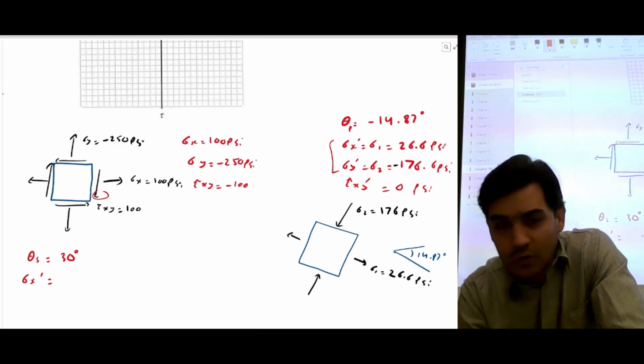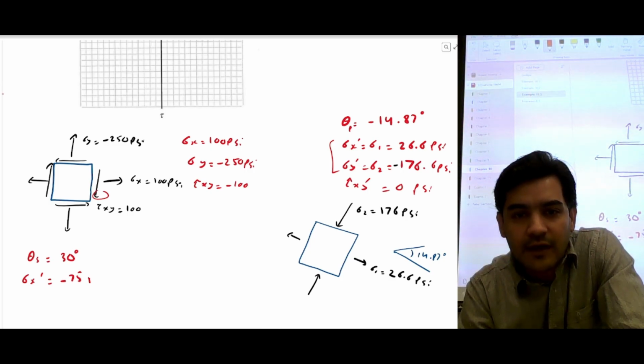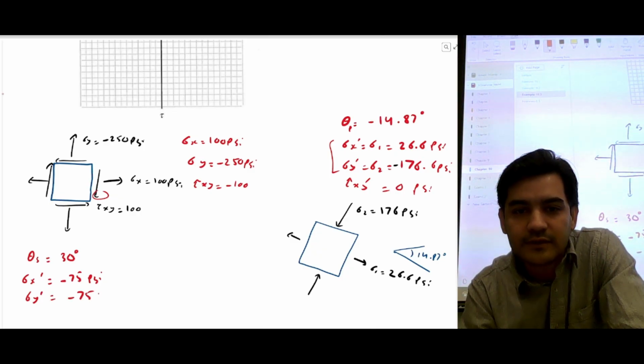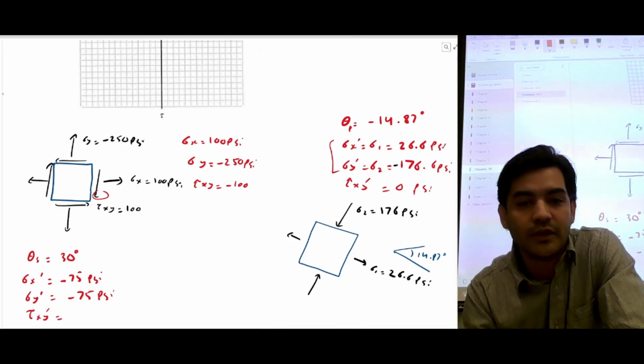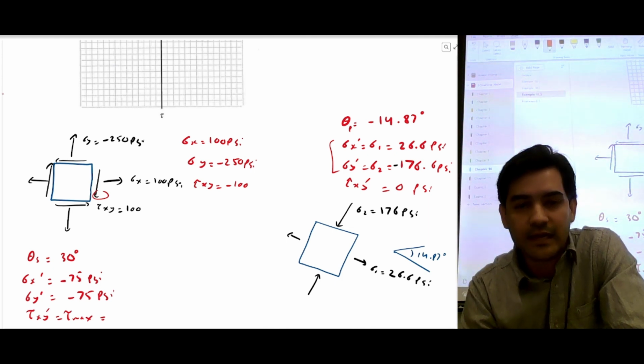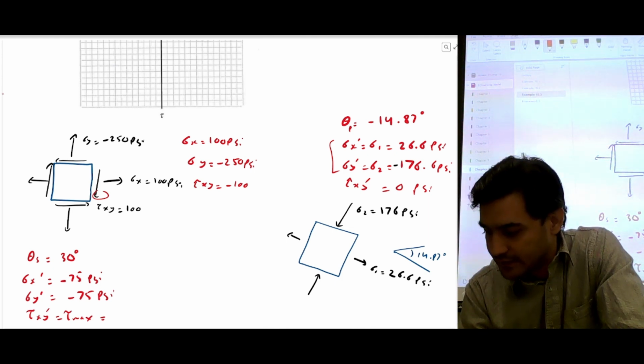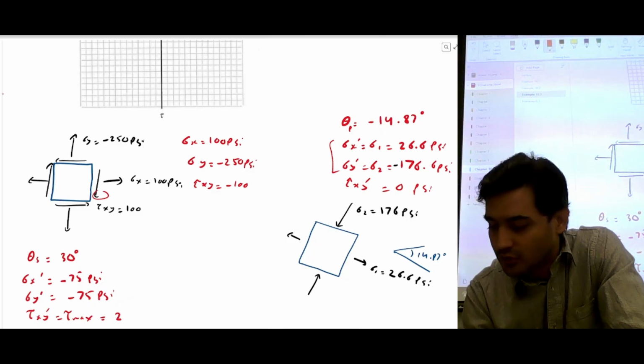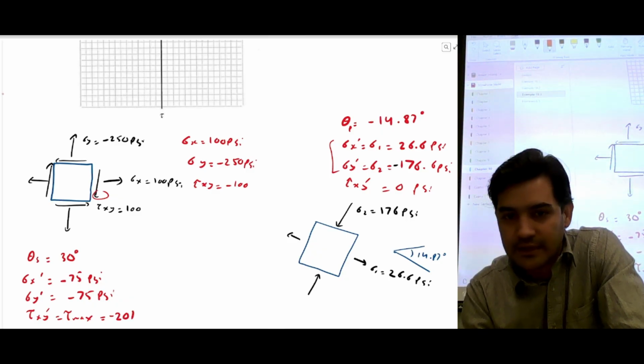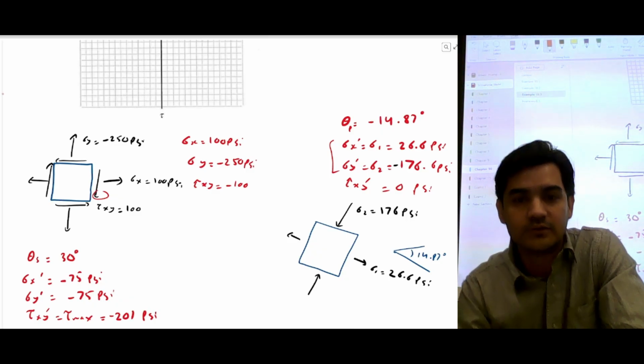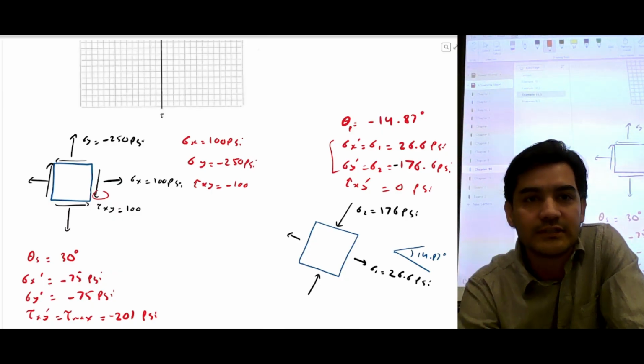The normal stresses we got were minus 75 psi, and stress y we got was negative 75 psi, and tau xy prime from the transformation equations, or we also have an equation to calculate the maximum shear stress directly, and from here we got 201, I think negative, but we have to confirm. So I'm going to draw this stress element here.